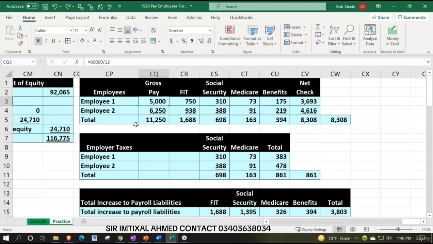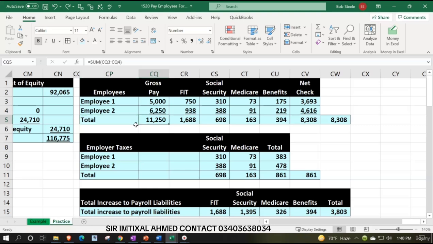We'd have the pay that they would receive minus what was taken out, and then the net check. That net check is what is actually coming out of the bank account for us as the employer at this point in time. Same thing for employee 2. You can think about that as if all employees were like one employee and record the transaction that way, which is what we'll do next time.